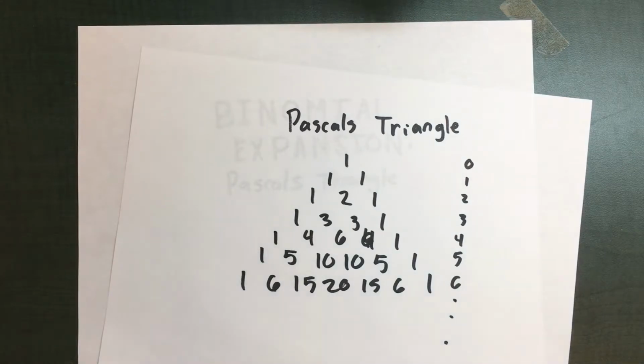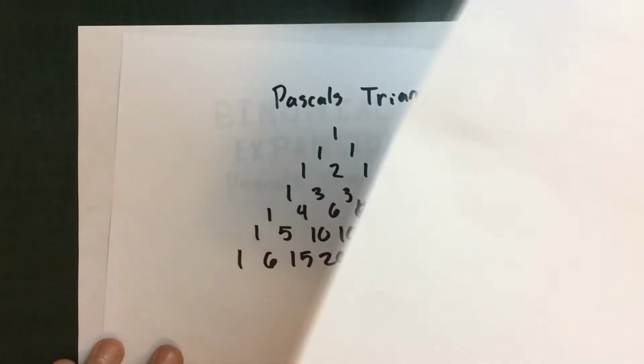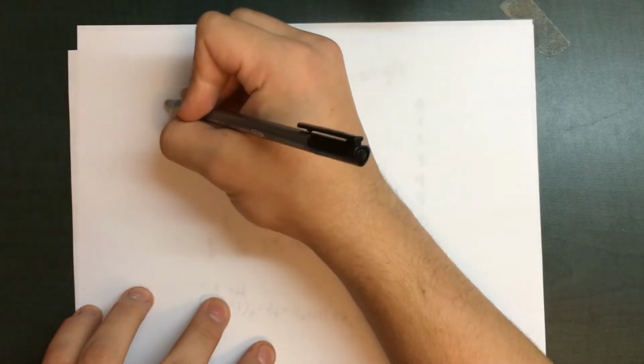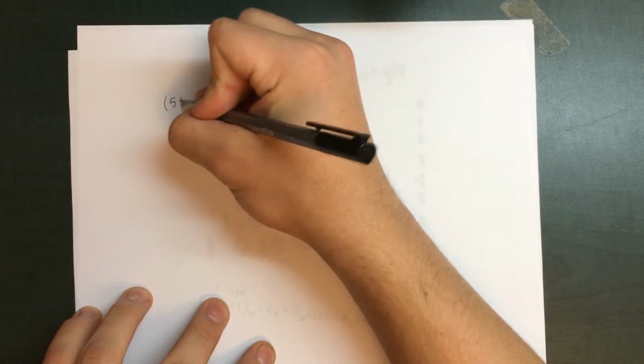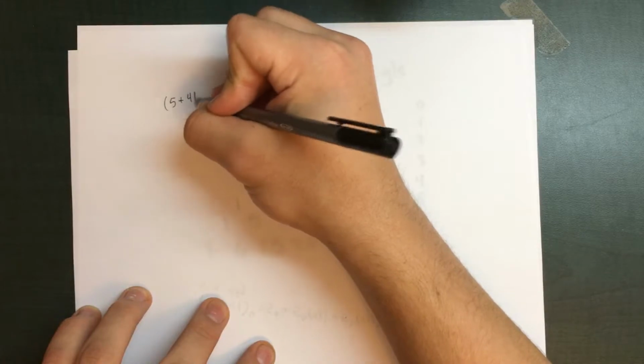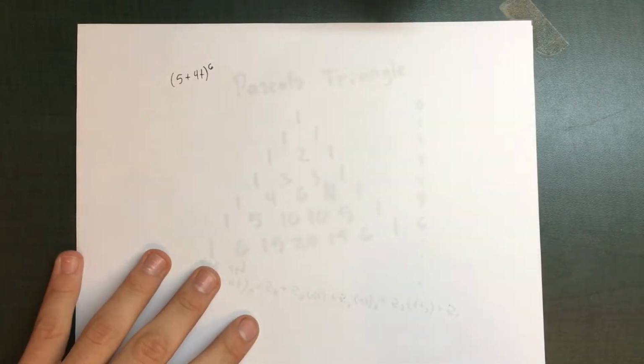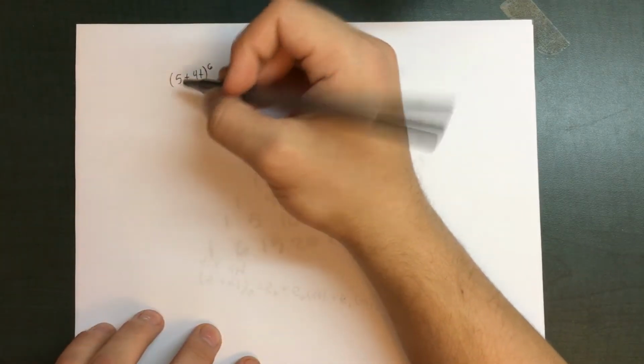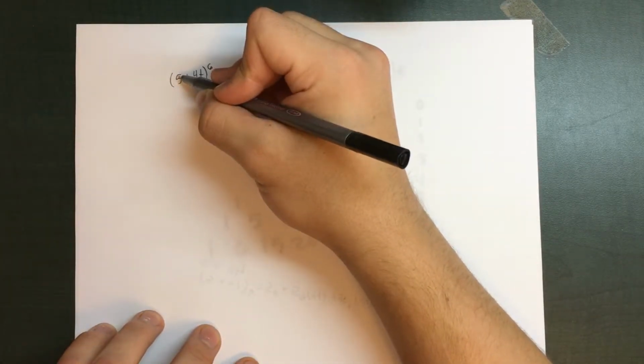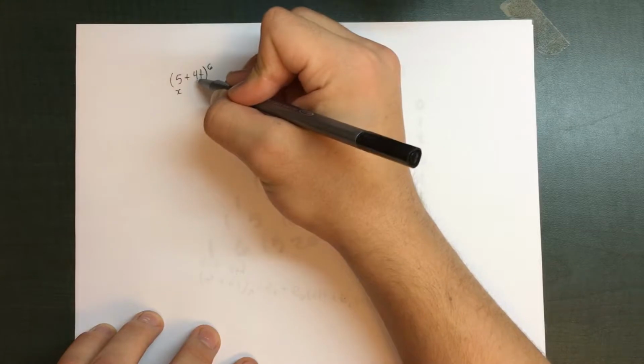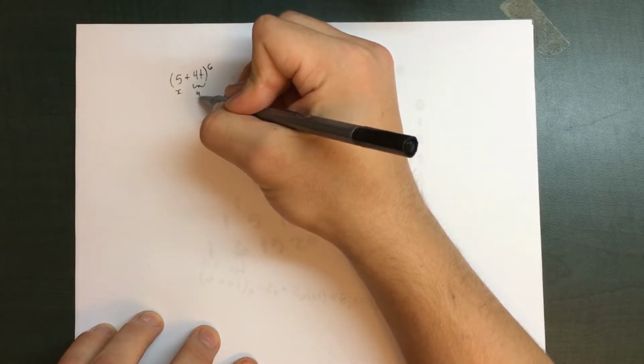All right, now let's have a look at a bit more of a difficult term to expand. Let's say we have a term that looks like s plus 4t to the power of 6. The same rules apply as before, but instead of x and y, we're going to treat s as x and 4t as y.